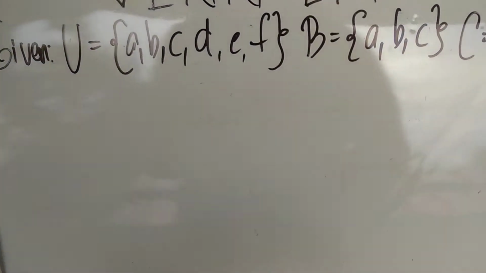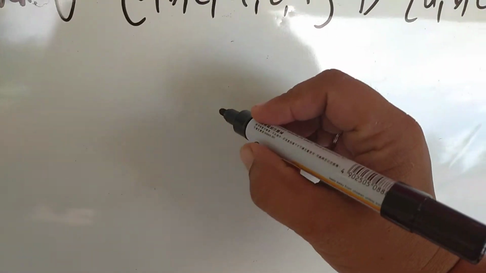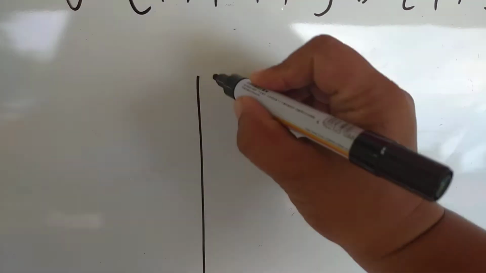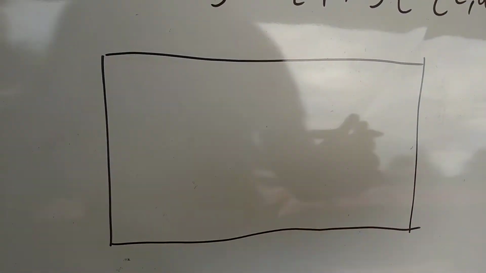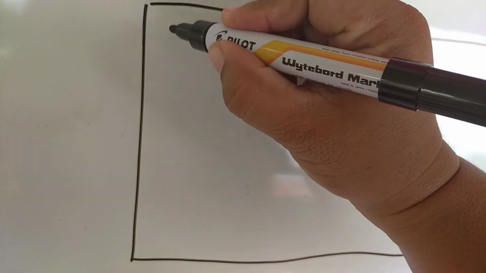Okay, so let us first draw a rectangle. And this is your U, the universal set.